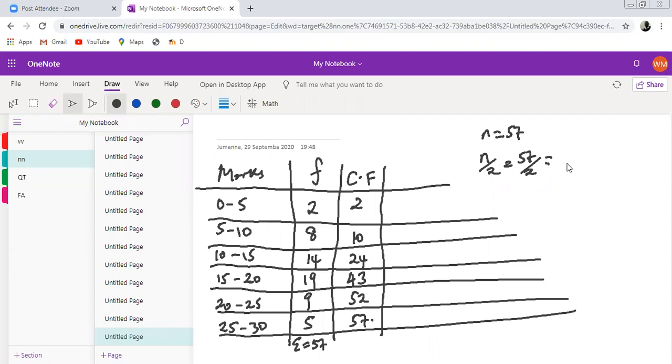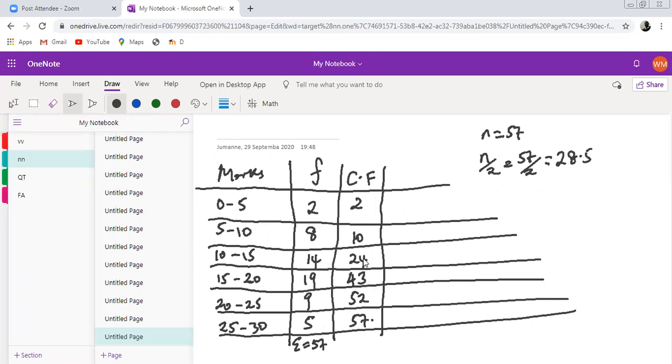which is actually 28.5. Now come to the cumulative frequency. To locate the median class, after doing the n over 2, come to the cumulative frequency. Where will our 28.5 be? In class 15 to 20, which is in this 43.